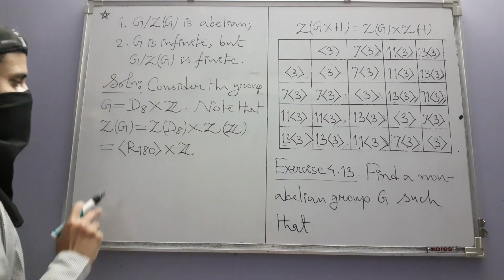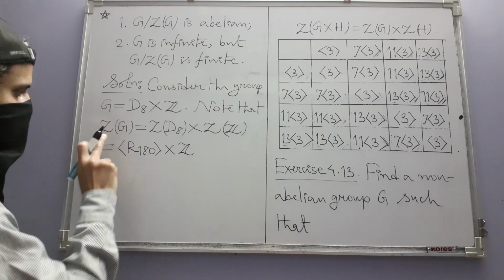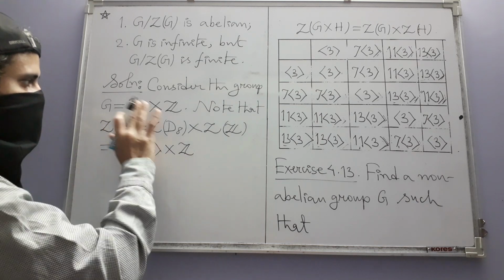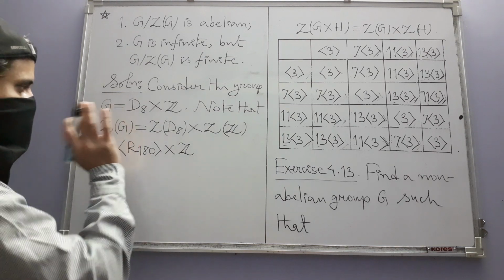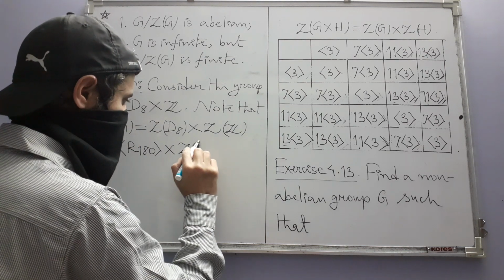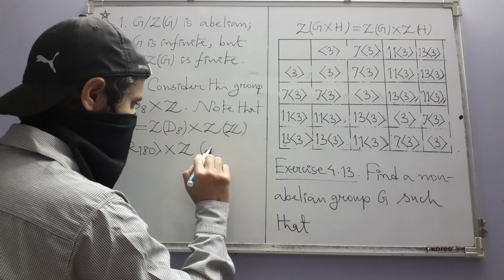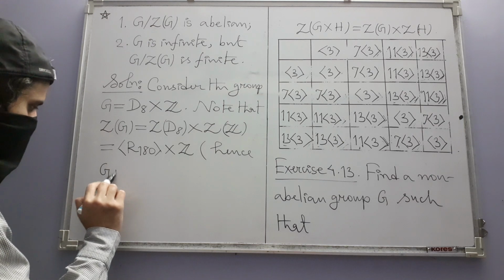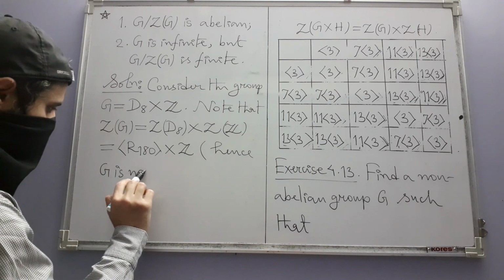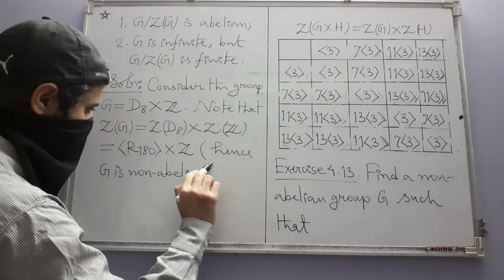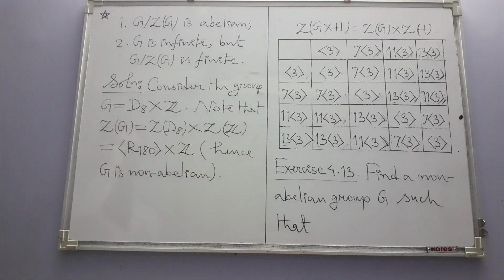And we can see that also because the center has turned out to be this subgroup which is not the entire group. So G is non-abelian and this is the center. You can write that here. Hence, G is non-abelian.